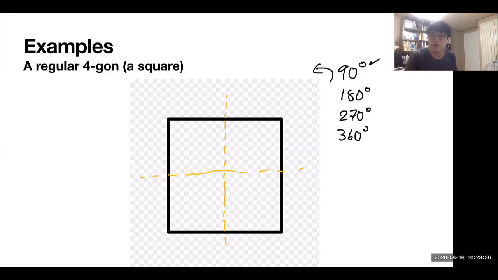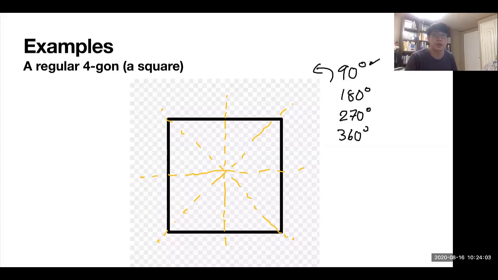So can anyone identify more symmetries, or is that all? Diagonal. Right, exactly. So diagonal reflections along these diagonals are also symmetries of this object, and you can in fact use my previous remark that you can repeat or compose two different transformations to get a new transformation.